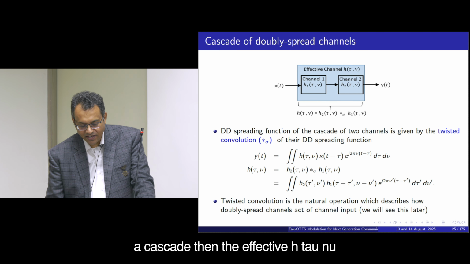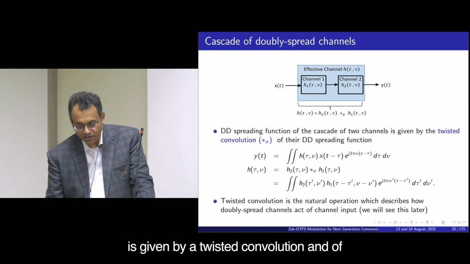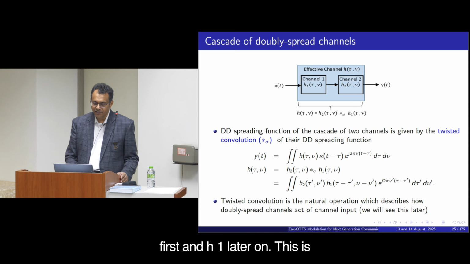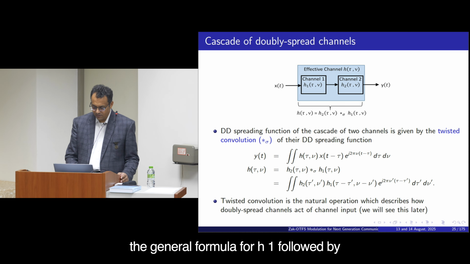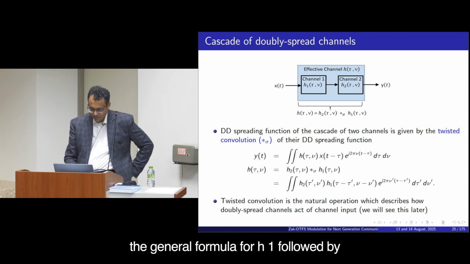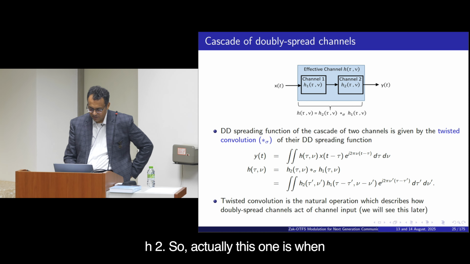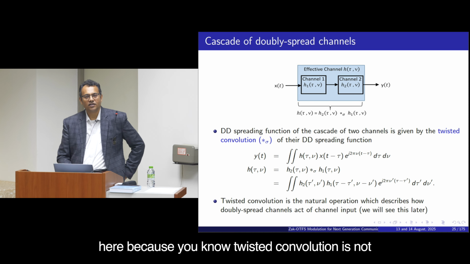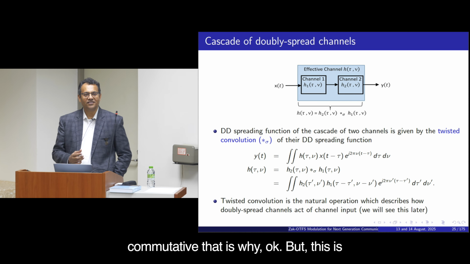And when you have a cascade, the effective h(tau, nu) is given by a twisted convolution, and of course here it should actually be h2 first and h1 later on. This is the general formula for h1 followed by h2. Actually this one is when you have h1 here and h2 here, because twisted convolution is not commutative.